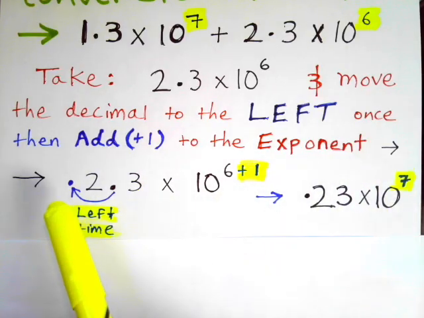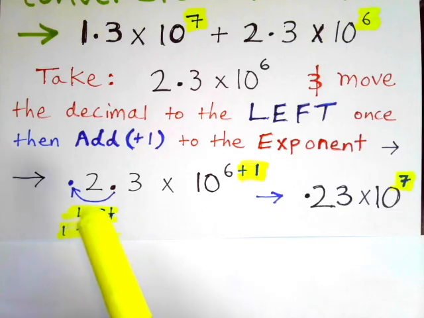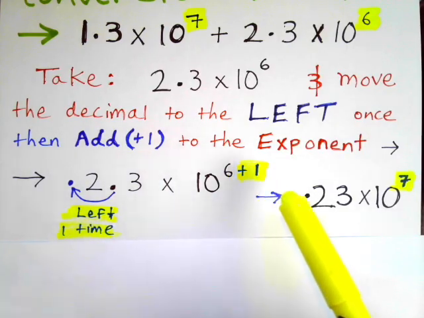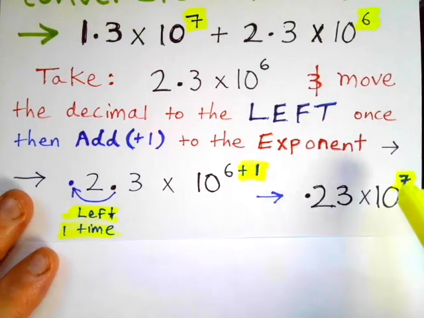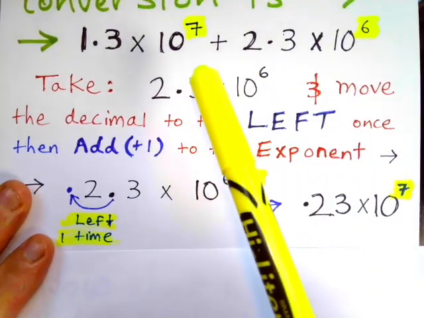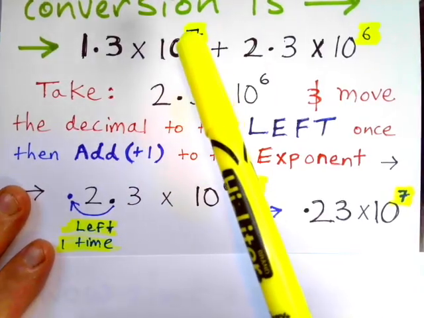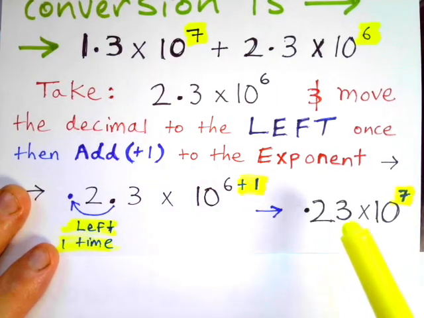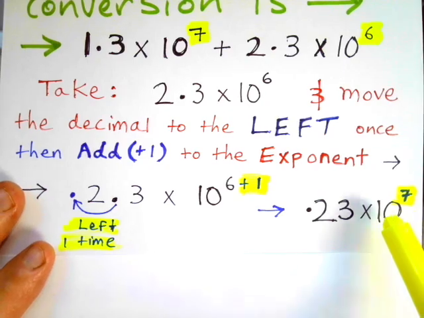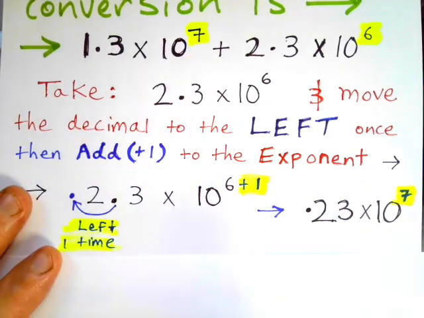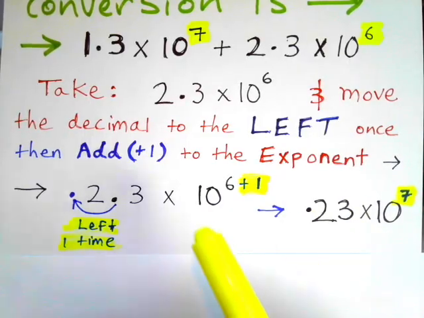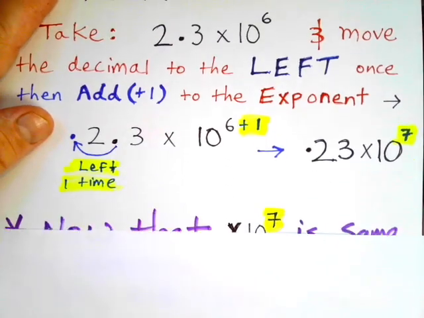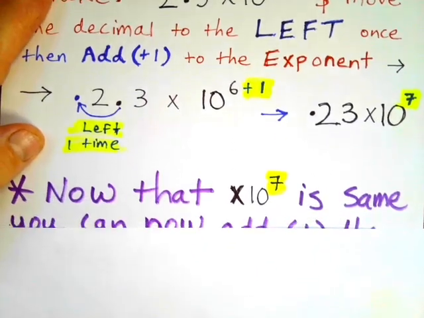Now both of the terms we started with, you can see up here, 1.3 times 10 to the 7th power plus 0.23 times 10 to the 7th power. They both have 10 to the 7th power. Now I can add those values in front, 0.23 plus 1.3, in order to find the correct answer that we're looking for.